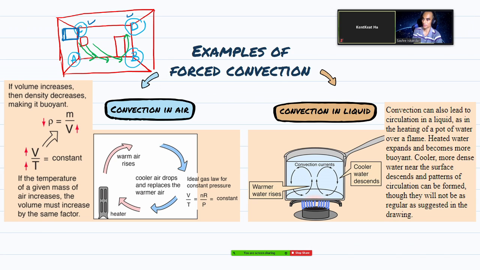Warm air goes up, correct? Then it goes up again like this. So this one will be the cool air, this one will be the hotter air. Hotter air must be at the upper side of the room. So that's why you put the air conditioner at C or D.